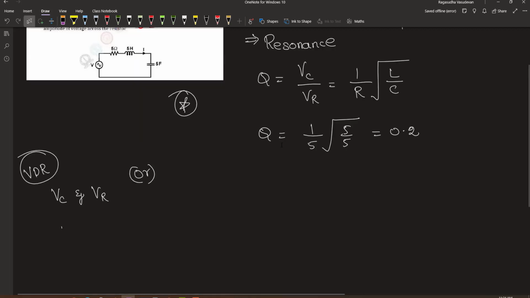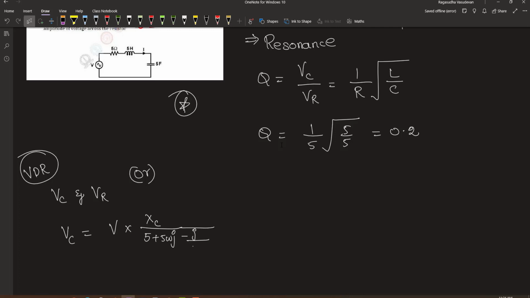By the voltage division rule, the voltage across the capacitor is given by the total voltage supplied times the capacitive reactance divided by the sum of the total resistance and impedances, which is equal to 5 plus j omega minus j divided by 5 omega. So this will be the supplied voltage times minus j divided by 25 omega plus j into 25 omega square minus 1. This is the voltage across the capacitor.